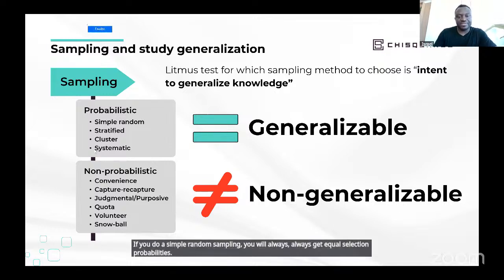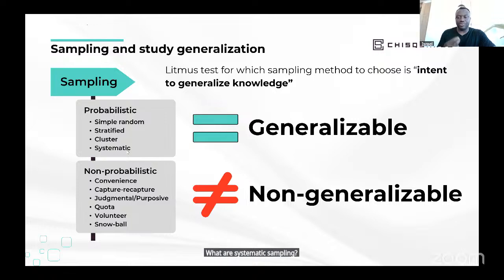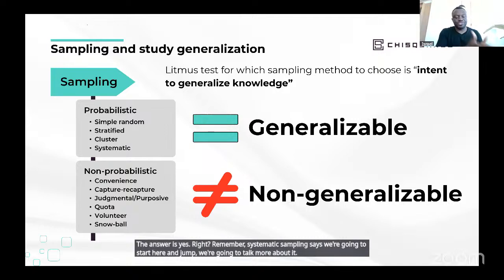What of systematic sampling? Will it give us equal selection probabilities? Yes or no? Yes. Okay, the answer is yes. Remember, systematic sampling says we're going to start here and jump every 5th person.